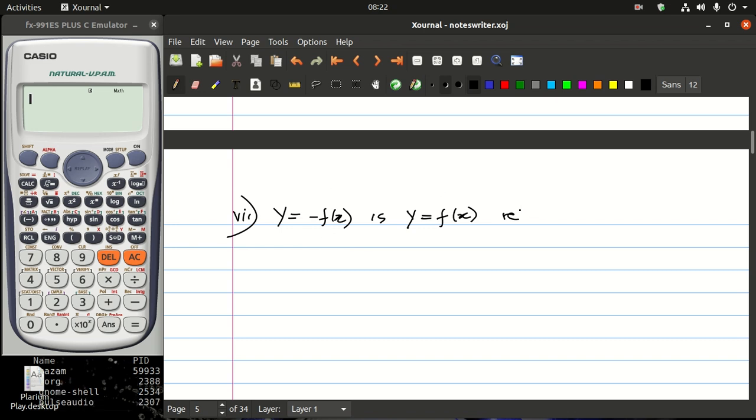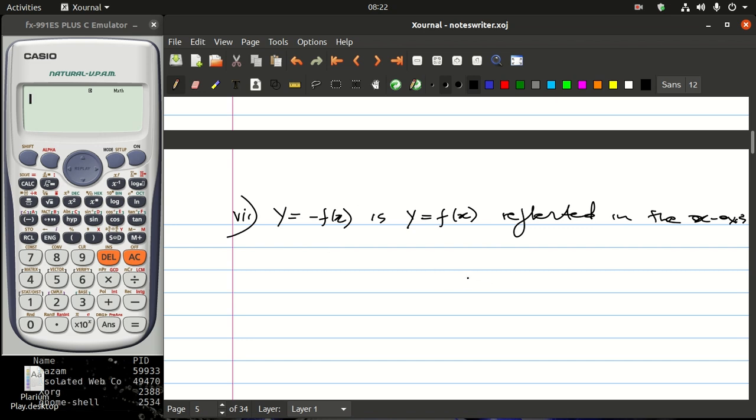So this is just saying f of x is reflected in the x-axis. So what was positive becomes negative, and what was negative becomes positive.